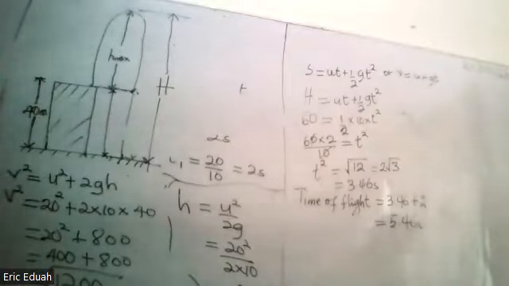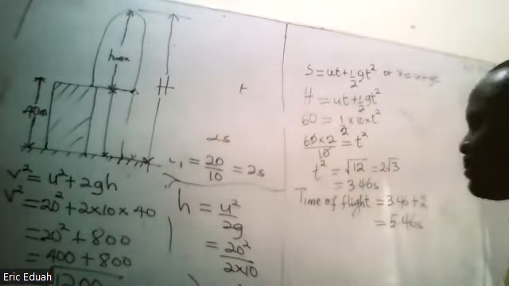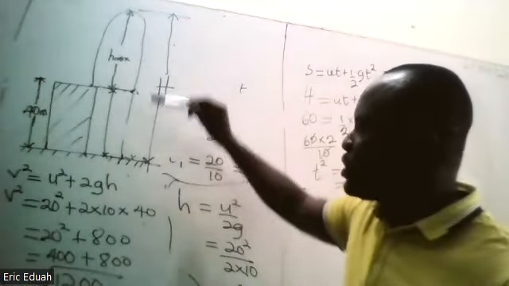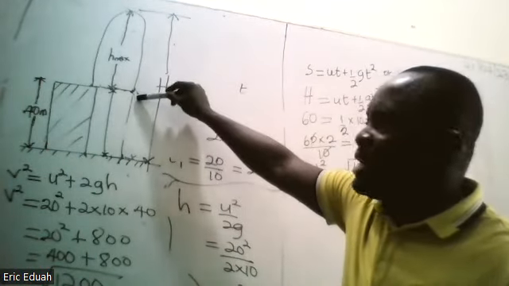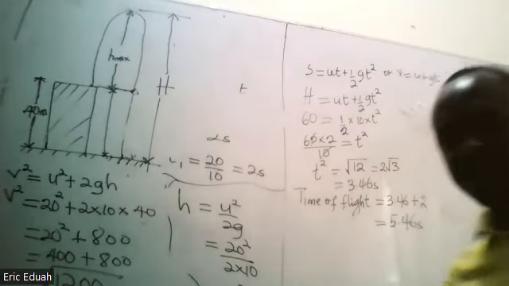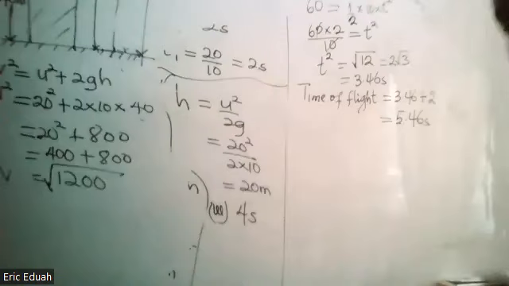So let's determine the time taken by the body to move from this point to this point. Don't forget the height involved here is 40. So let me adjust the screen.